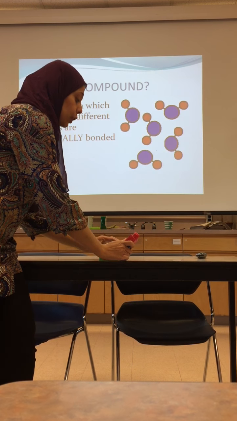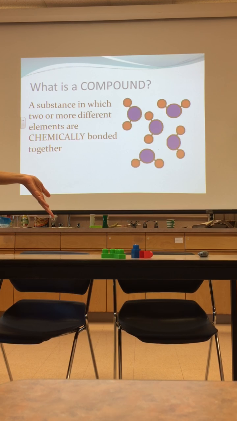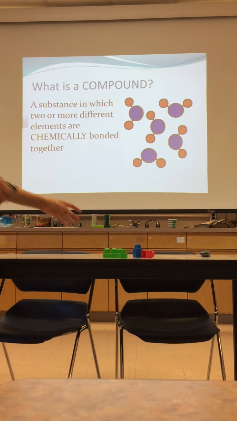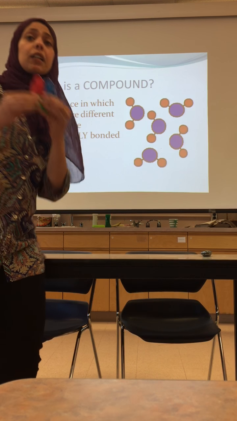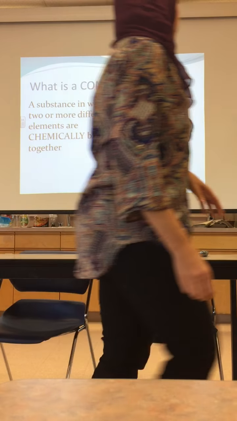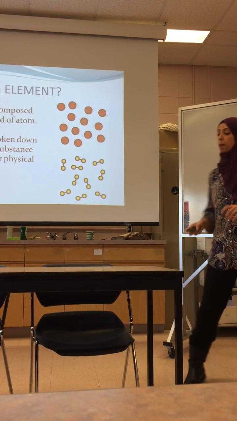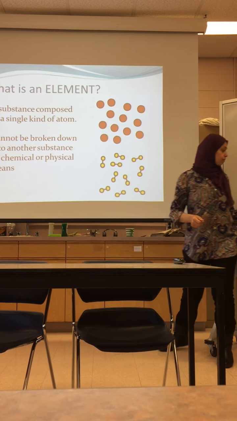If they are just scattered like this, this might represent a mixture, right? But if they are chemically combined together, they are stuck together, and they will form a compound. Going back to the previous picture, what is the difference between these two representations?